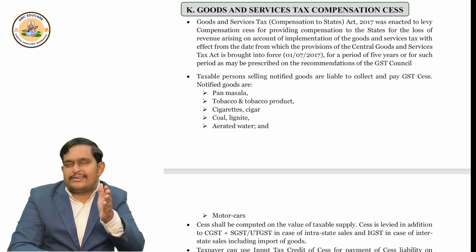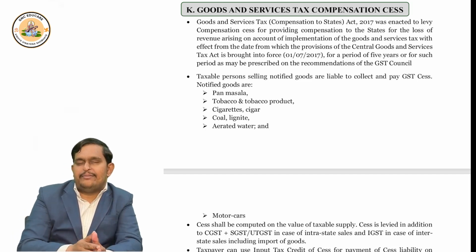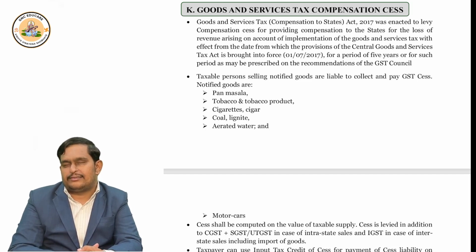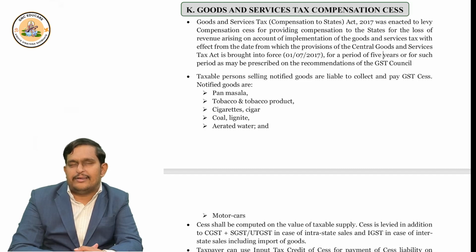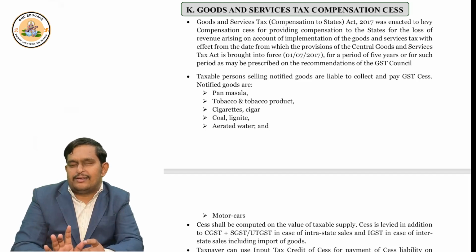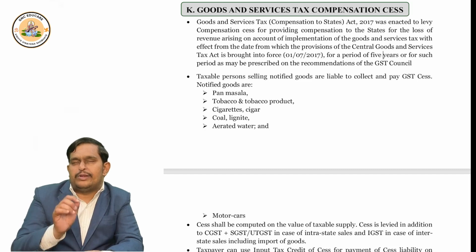As and when IGST is charged, at the same time, additionally, GST compensation cess should also be charged. So at the time of intrastate or interstate supply, when other GSTs are levied, on these six products only, not more than that, GST compensation cess should also be charged.